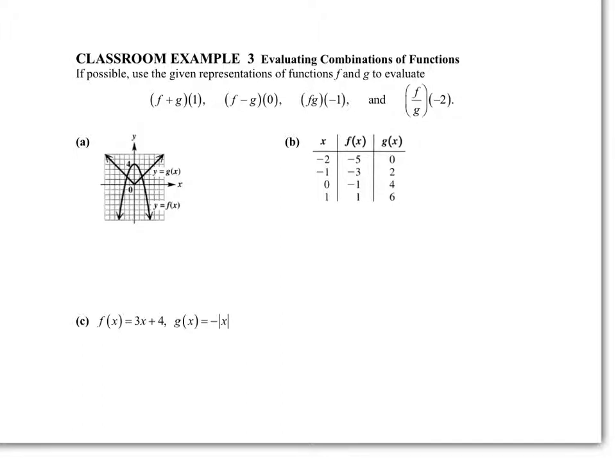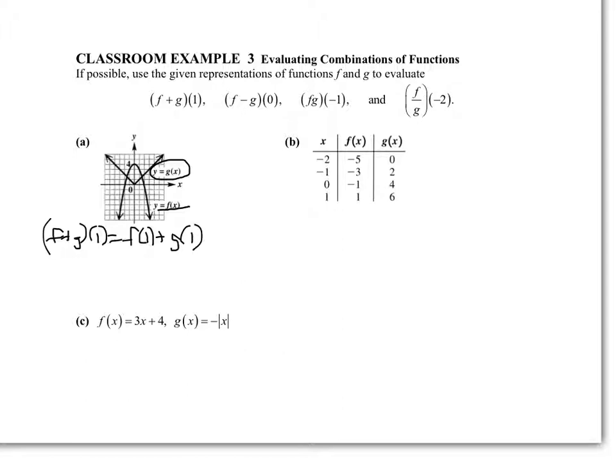The f of x is the parabola right there that is opening down. The g of x function is that absolute value graph that's opening up. So if I were to ask you to find f plus g of 1, that would simply mean I need to find f of 1 and add g of 1 to it.